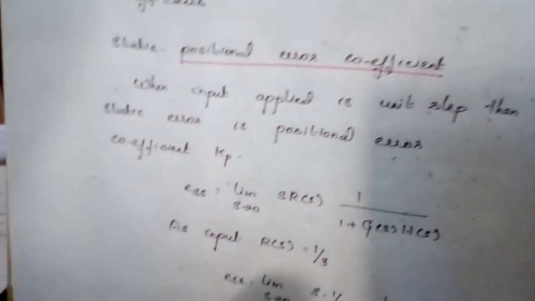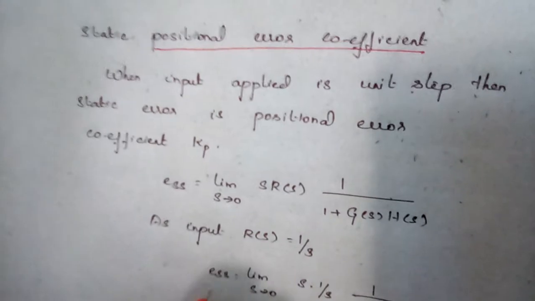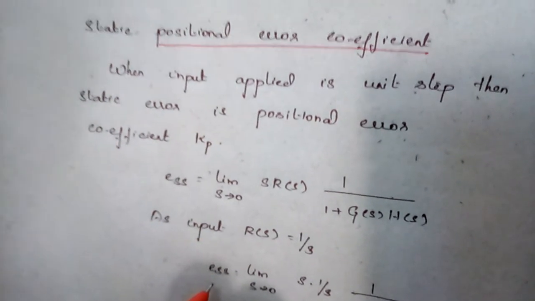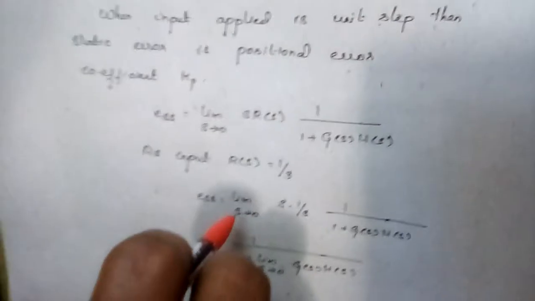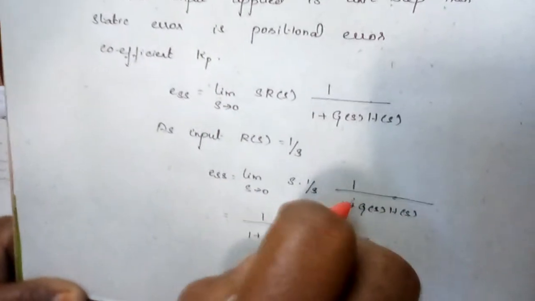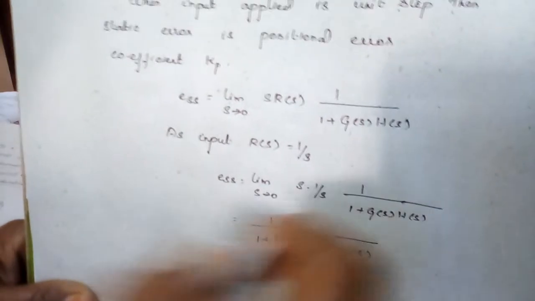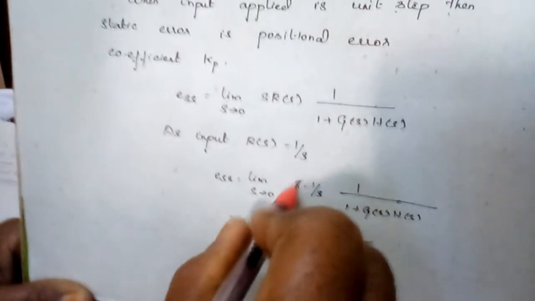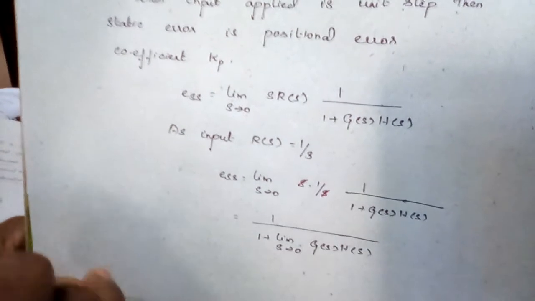Substituting, ESS is equal to limit s tends to 0 of s into 1 by s into 1 by 1 plus G of s H of s. The s terms get cancelled.